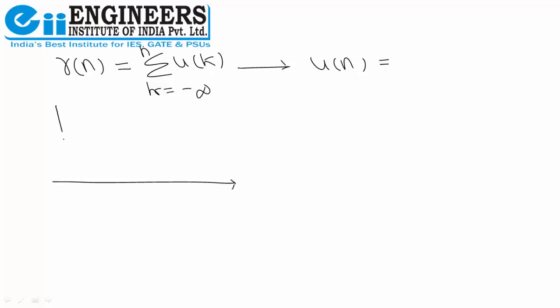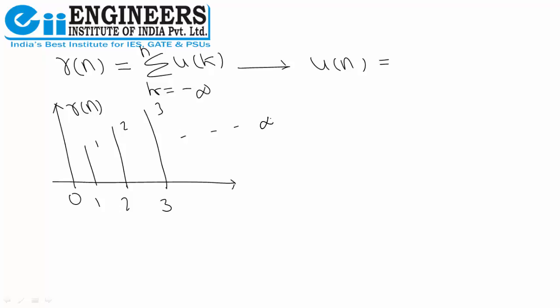First of all, just draw the simple r[n]. r[n] will be at 0 it is 0, at 1 it is 1, at 2 it is 2, at 3 it is 3, and so on up to infinity. Okay. Now we need to draw the u[n]. How to draw this u[n]? Because in u[n] at each and every value of time, that is from 0 to infinity, amplitude is 1, but here amplitude is continuously increasing.